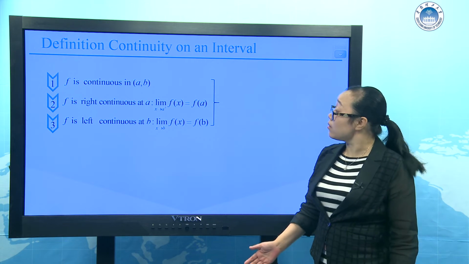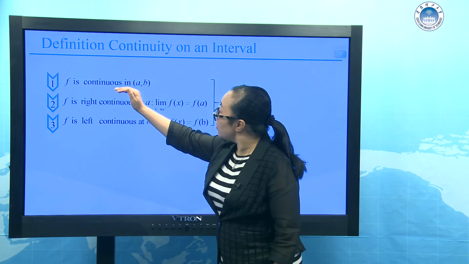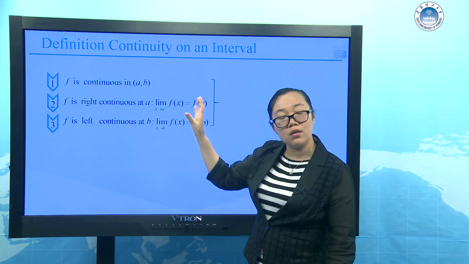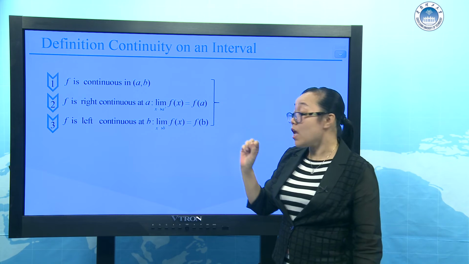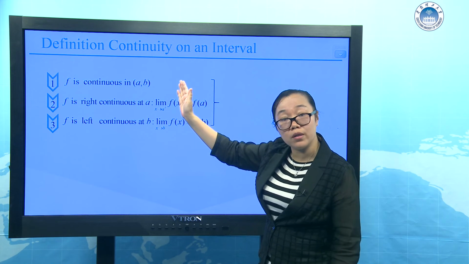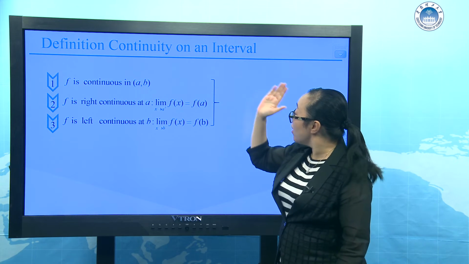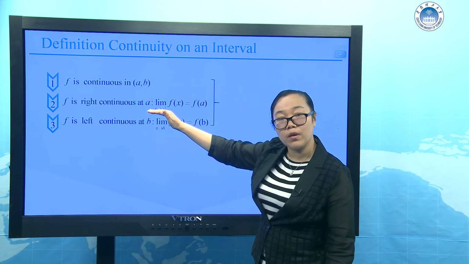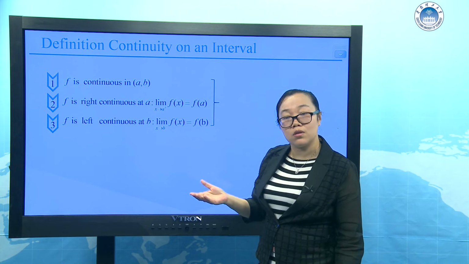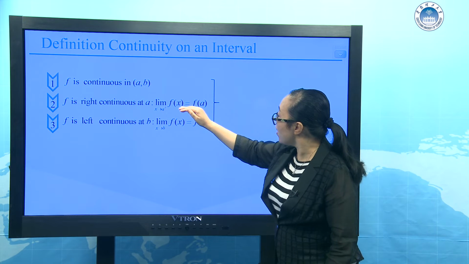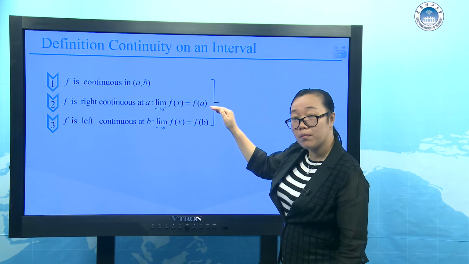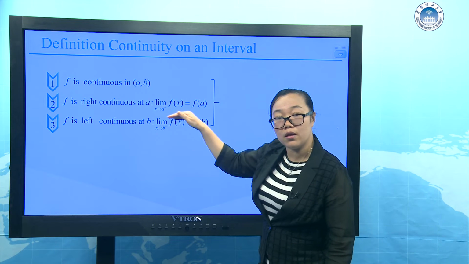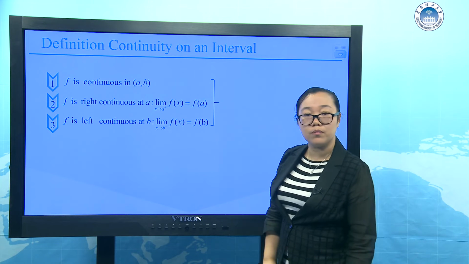Now look at this. If f is continuous on the open interval (a, b), how about the left endpoint and the right endpoint? For the point a, f is right continuous at a. What is right continuous? The limit of f(x) equals f(a), where x tends to a from the right side.